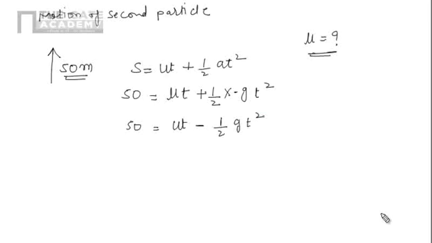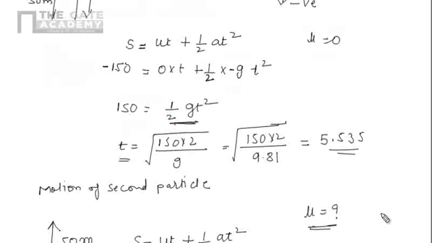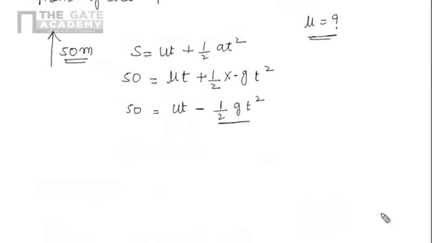We know the value of 1 by 2 gt square is nothing but 150, so we can put that value here. 50 equals ut minus 150. So ut will be 50 plus 150 equals 200.